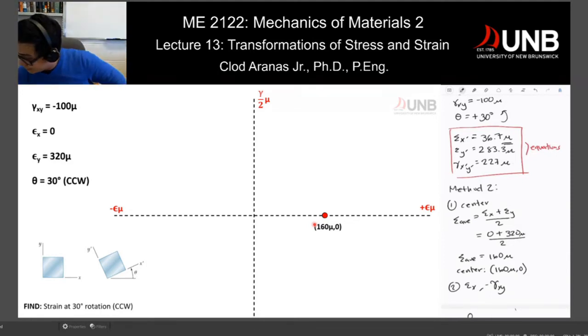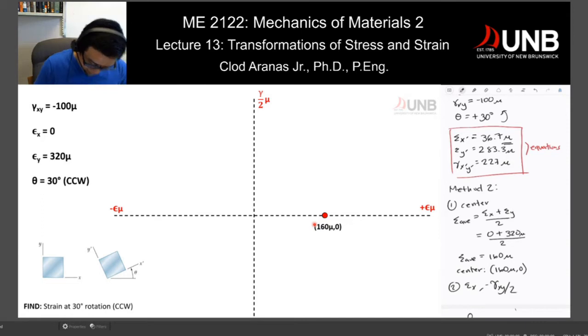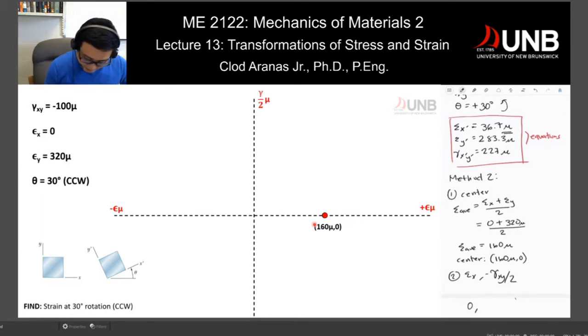Sorry, this should be over 2. So I made a mistake there. You have to plot epsilon x, negative shear strain xy divided by 2, and that would give you, since this is negative 100, it becomes positive, positive 50 mu.